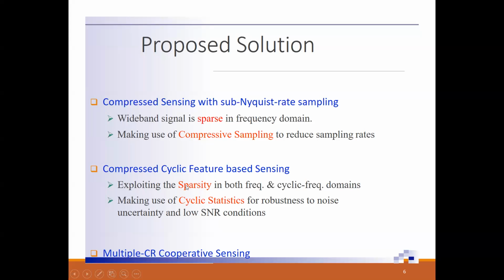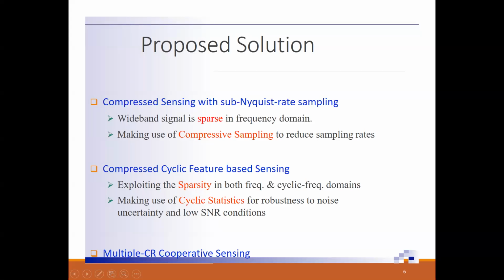Sparsity is nothing but this: if you think of a vector in a large dimension, a 100 size vector, say there are only 5 non-zero entries, so the vector is sparse. If you have a very wide band, it is sparse means it has a very wide bandwidth, but the occupancy is somewhere here and there. That is called sparsity, very little occupancy, the opposite of dense.